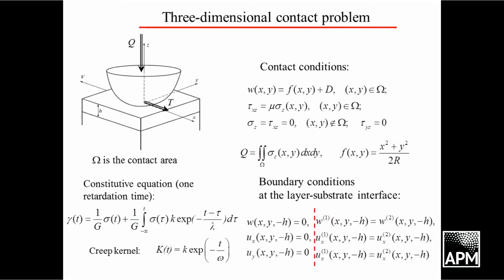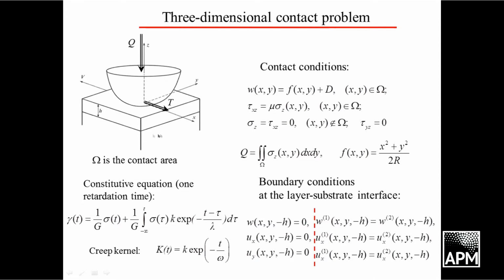And so we introduce here two different kinds of problems. First, if we consider a viscoelastic layer and a rigid substrate, then we have the following boundary conditions at the interface.